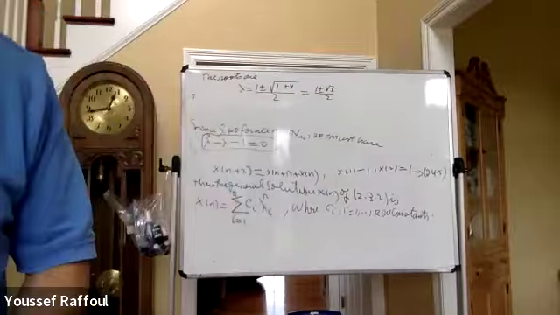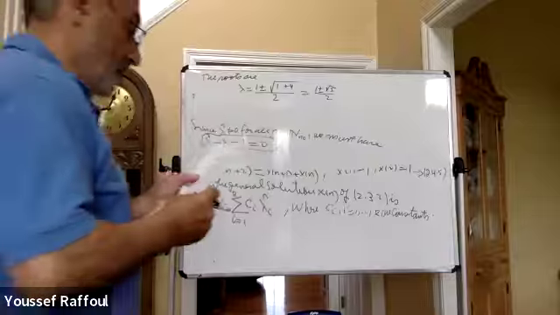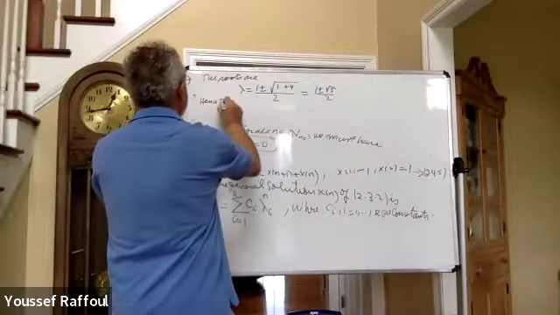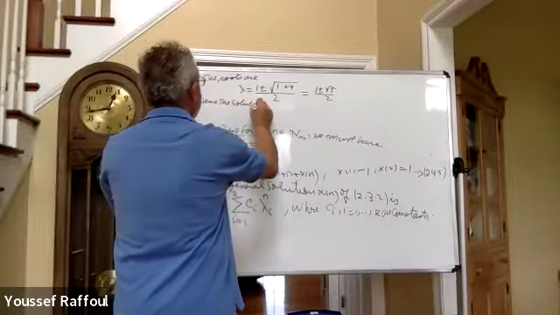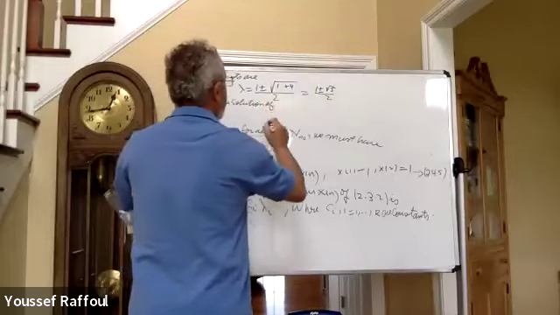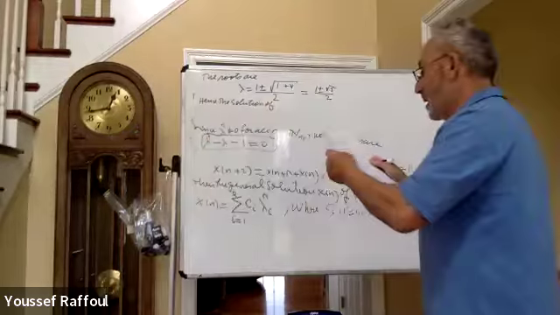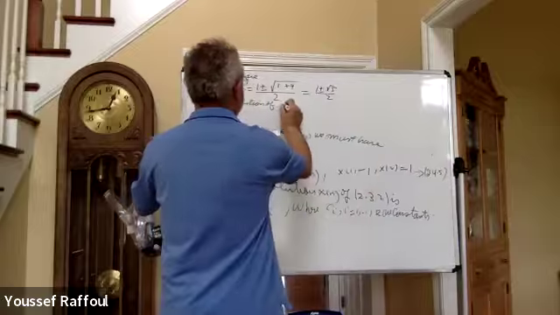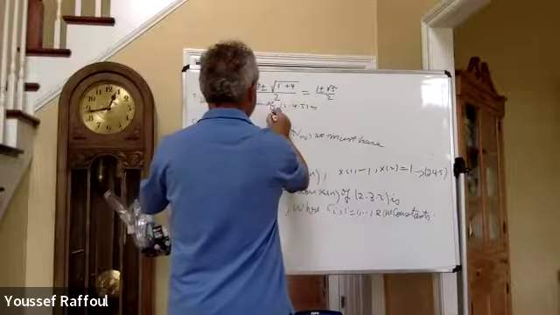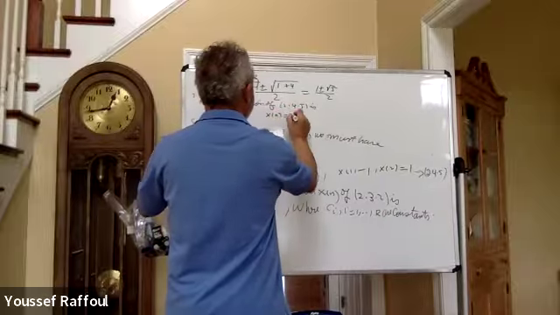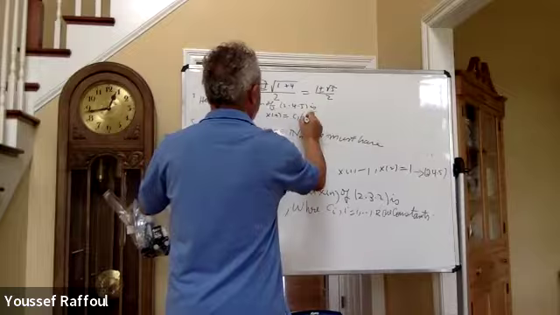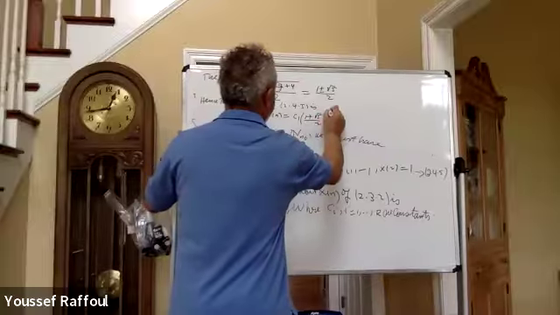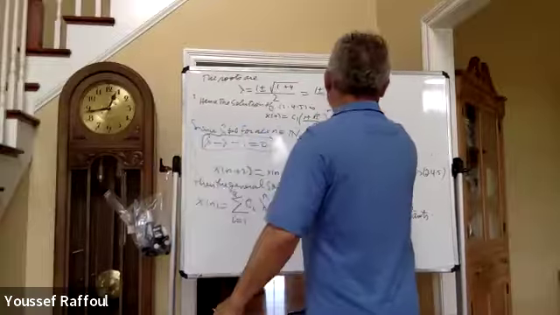Now I'm gonna stick to my note. Hence, the solution of 2.45 is x_n equal to C1 times ((1 plus square root of 5) divided by 2)^n plus C2 times ((1 minus square root of 5) divided by 2)^n.